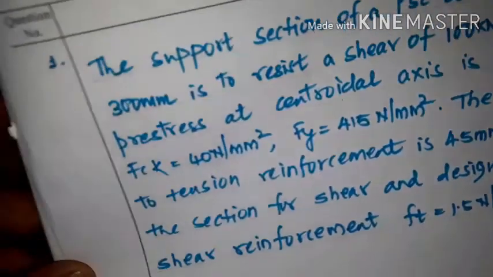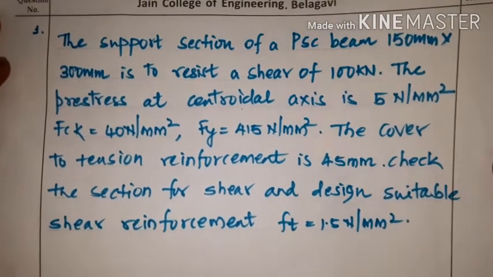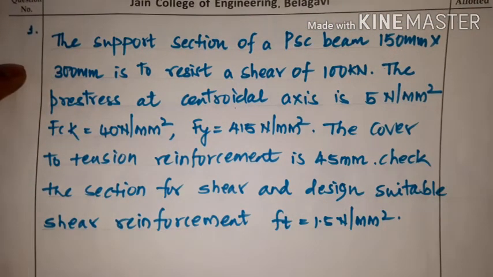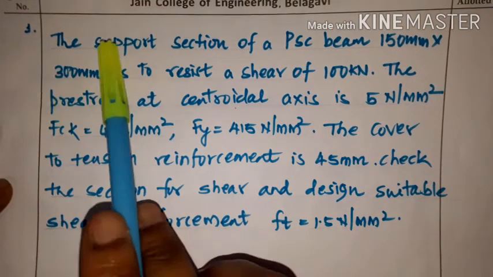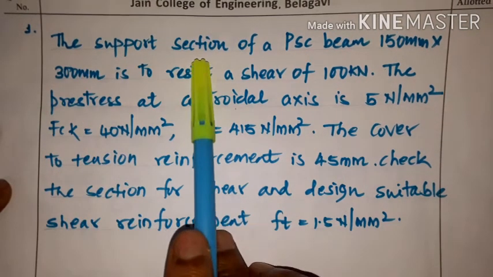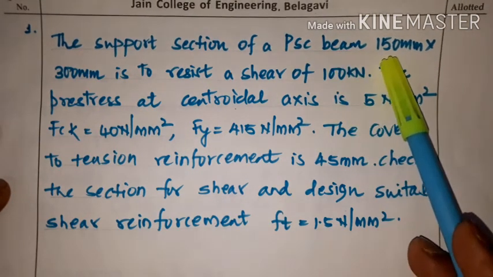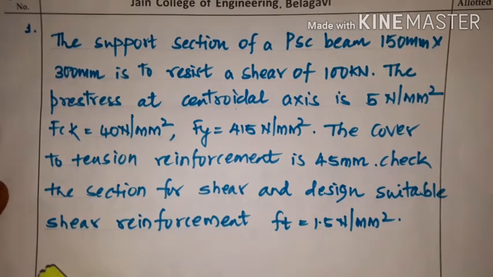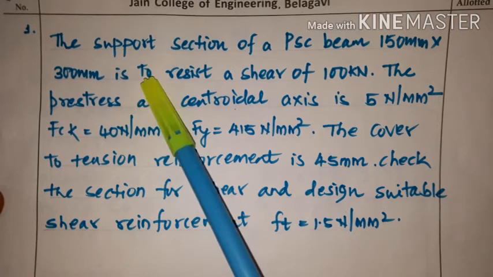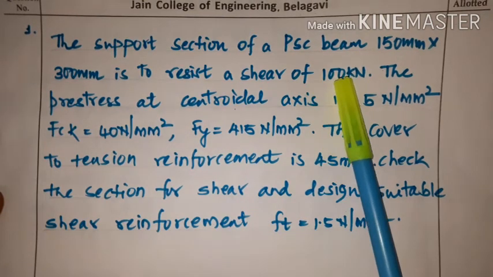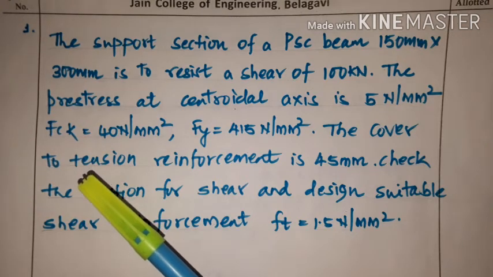So here we will take up a small problem. The statement is: the support section of a PSC beam, 150 mm by 300 mm, is to resist a shear of 100 kilonewton.